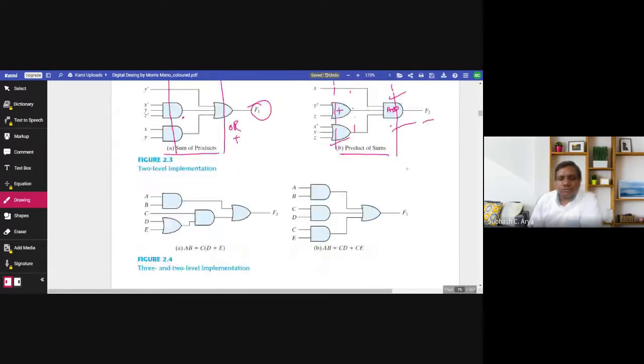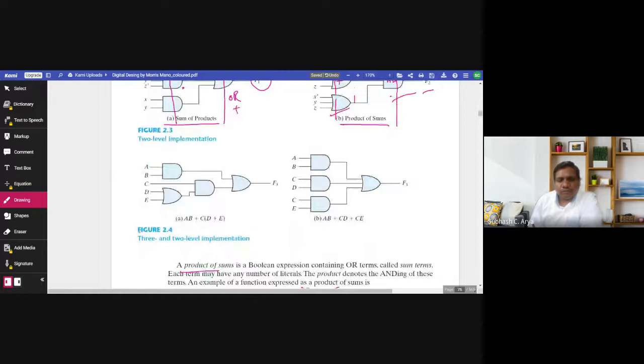Now moving to figure 2.4, why are we interested in showing or expressing two level or three level implementation? It is related to your circuit complexity and the time taken to get a particular output.